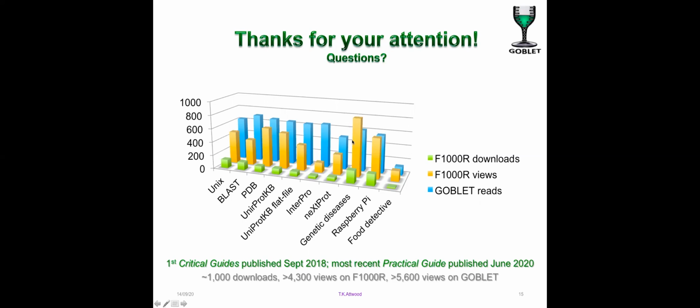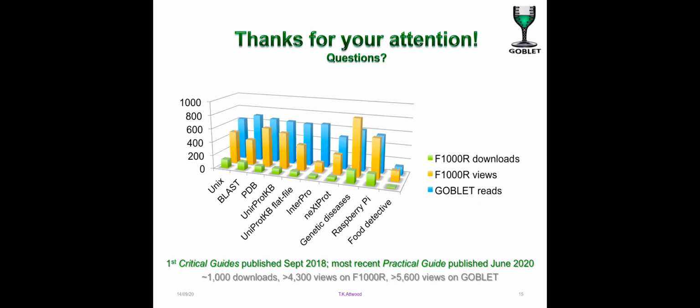For me, what's interesting is that the first practical guide is the one that's been the most popular. The genetic diseases practical guide has had something like 850 views and almost 200 downloads on F1000 Research.